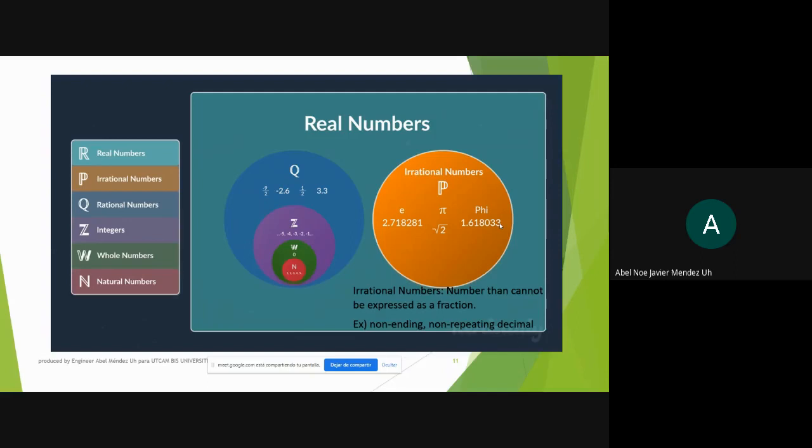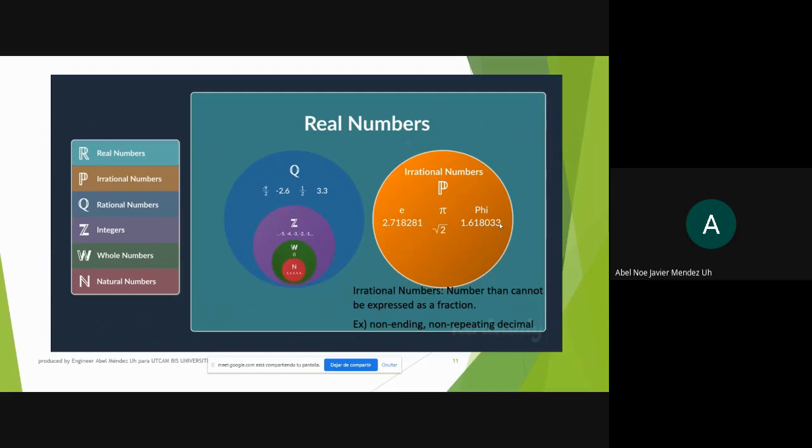Instead of that, the characteristic of irrational numbers is that they are non-repeating decimals, like pi, like the constant e, the logarithmic constant, non-repeating decimals, okay? Pi is a non-repeating decimal, a non-ending number. The square root of 2 cannot be represented as a fraction, okay?